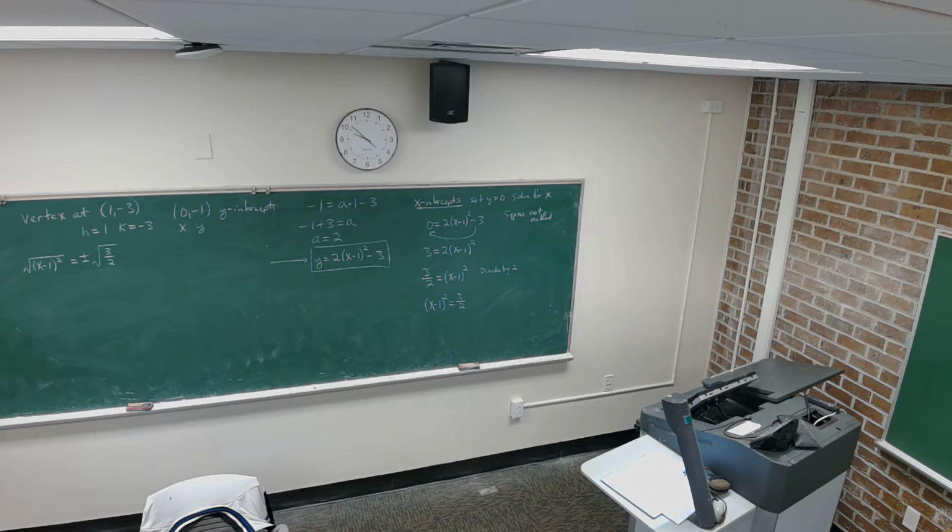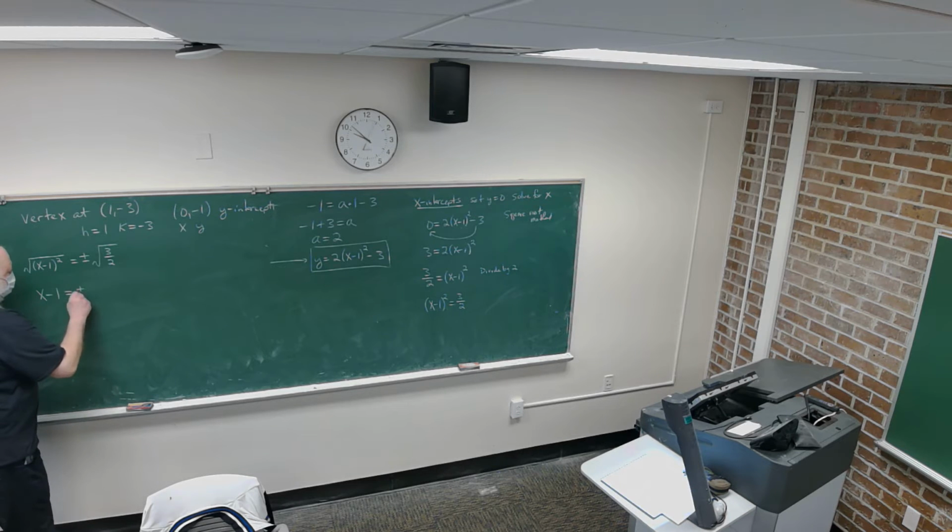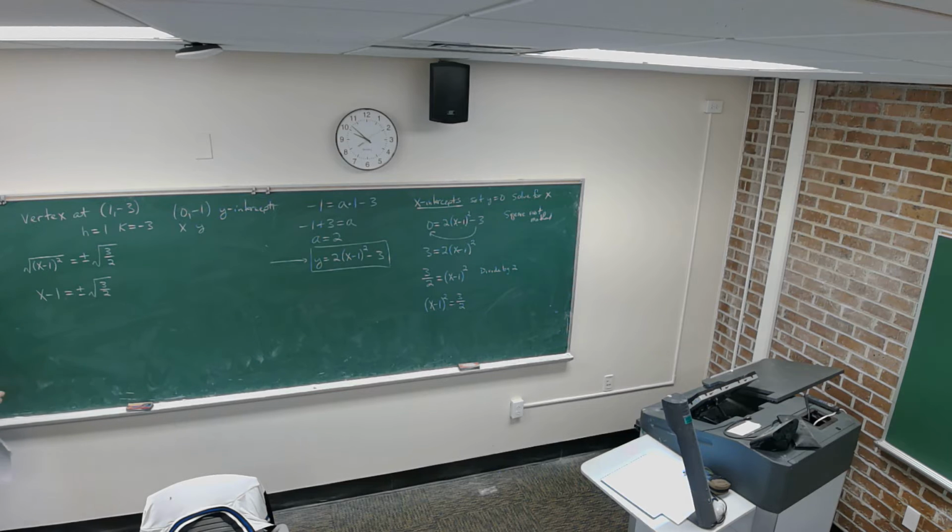So we're left with x minus 1 on the left is equal to plus or minus the square root of 3 halves. I don't think it really pays to do anything with this radical because you can't reduce the square root of 3 and you can't reduce the square root of 2.